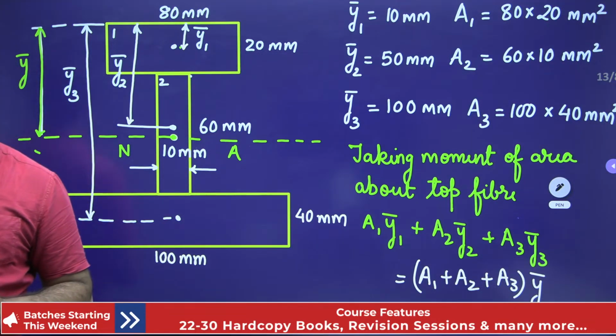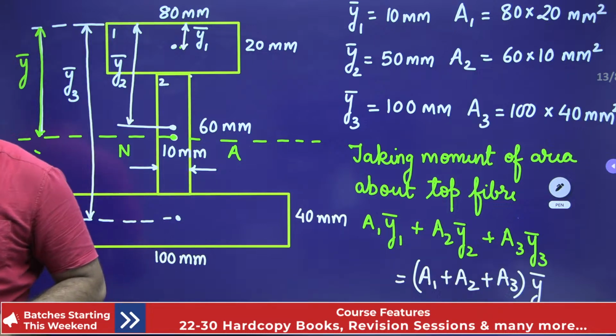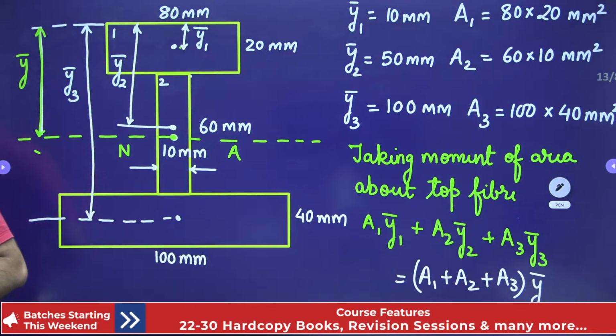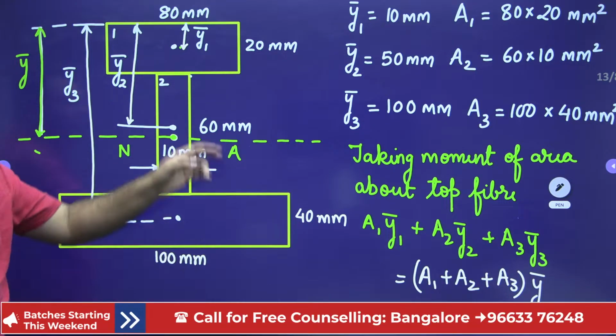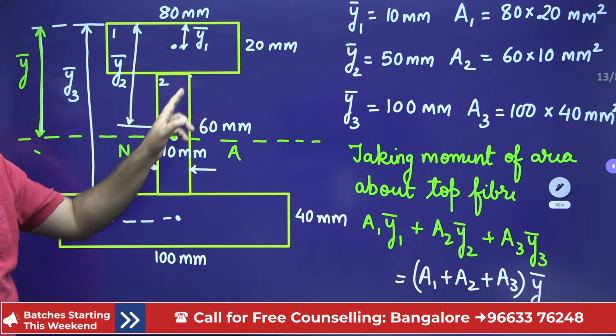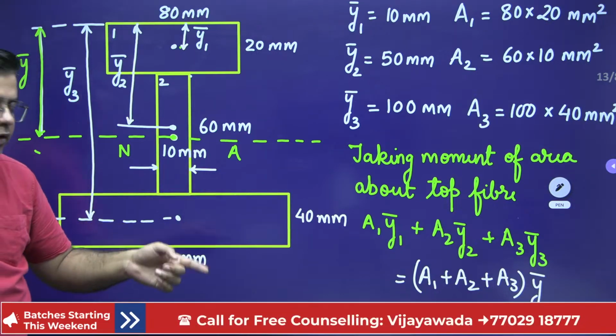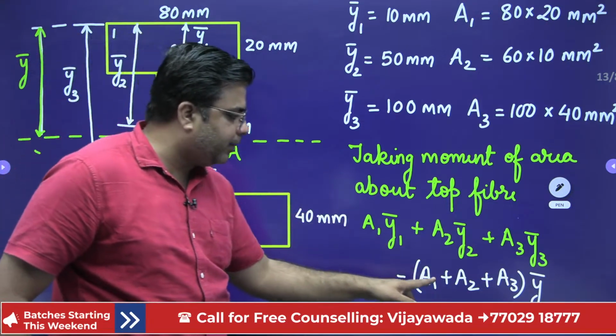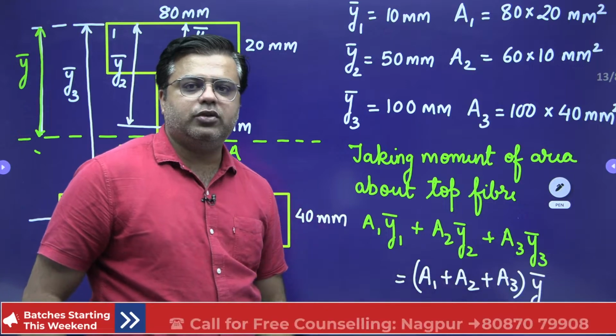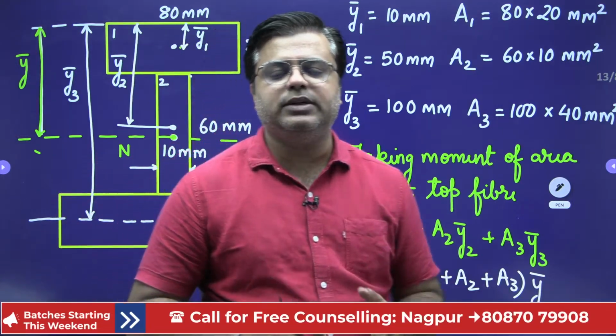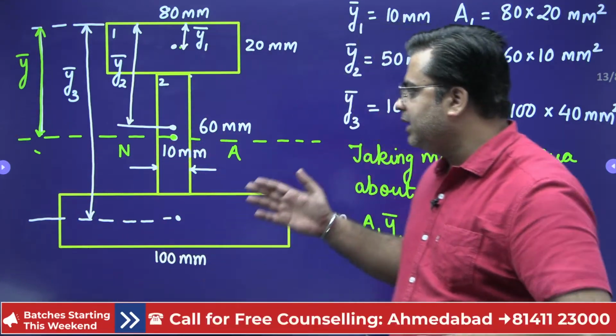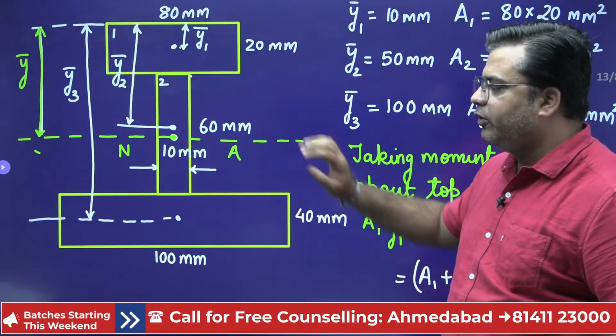So this is how you need to calculate the position of the neutral axis whenever asked in the question. You take the moment of individual areas and equate it to the moment of the total area about the centroid, right? It doesn't matter whatever shape is given to you, you can very easily calculate the position of the neutral axis.